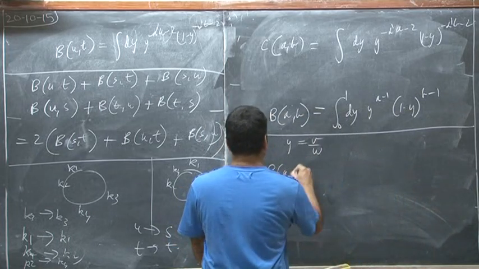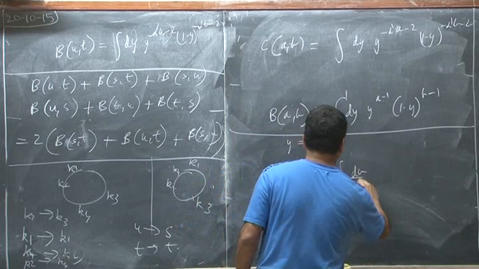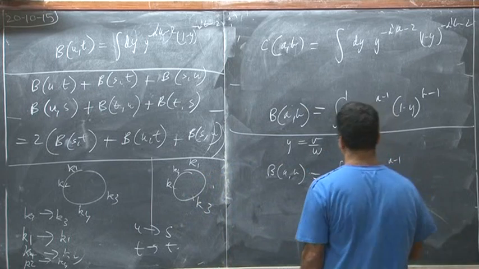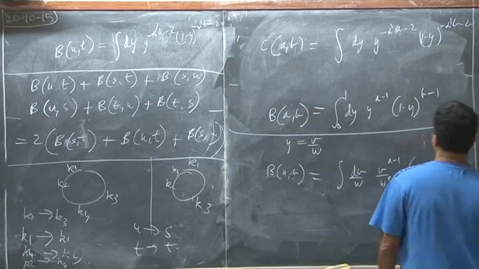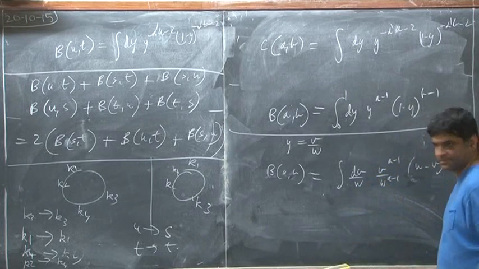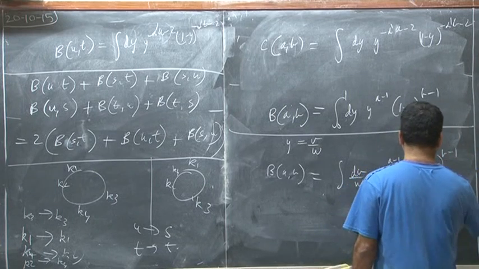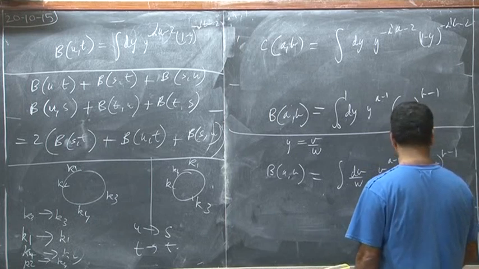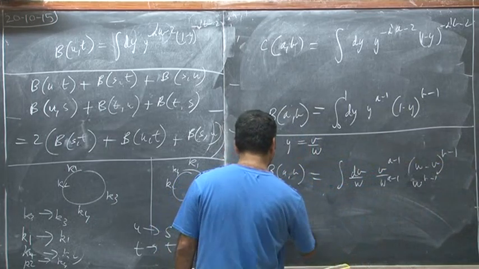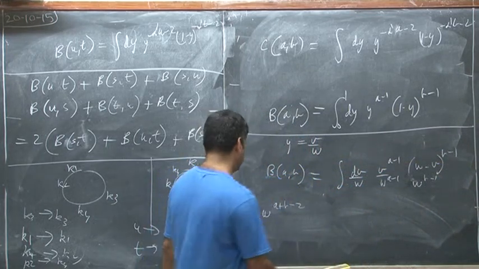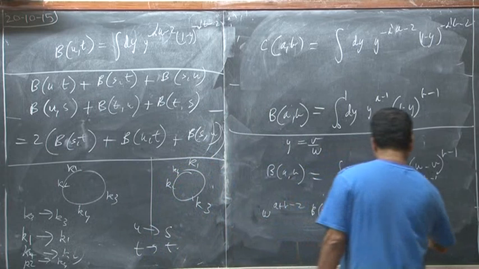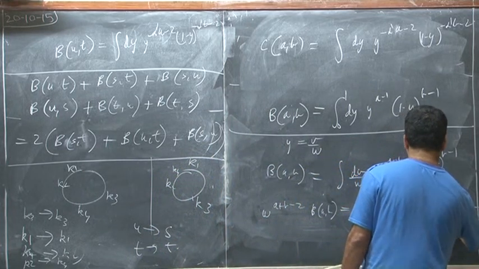We find that beta of a b is equal to the integral dv by w into v by w to the power a minus 1, and now this becomes w minus v over w to the power b minus 1. Okay? So we have w to the power a plus b minus 1 times b of a b is the integral dv v to the power a minus 1 times w minus v to the power b minus 1.